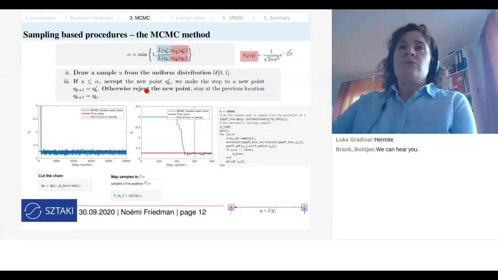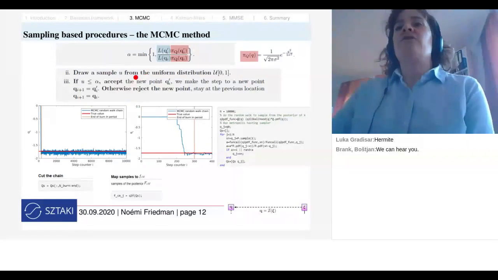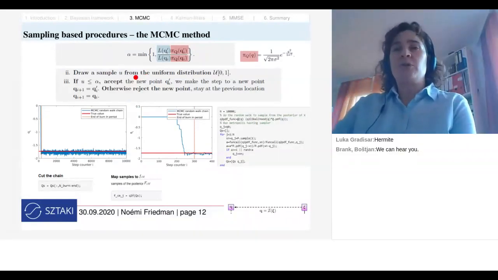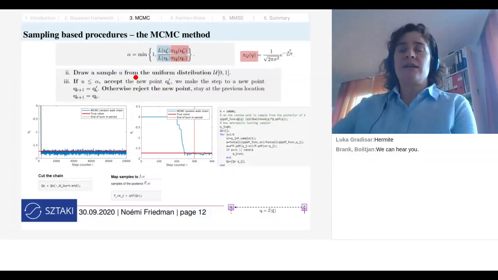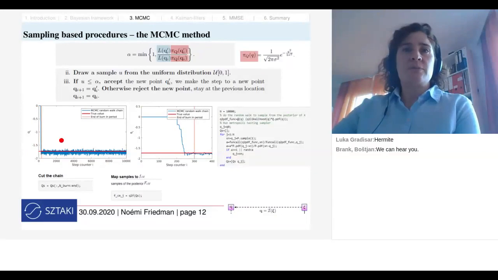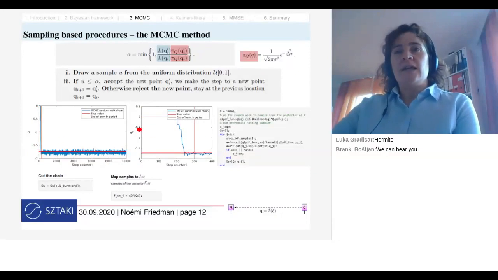And if I do this random walk, and now I show you the case of a scalar problem, so I only have one random variable because I suppose that I don't have a random field, but I just have a constant value of the scaling factor. And then this is how the random walk will look like. Now you have zoomed out, this first part is zoomed out here, and you see that I had a bad start of the random variable.